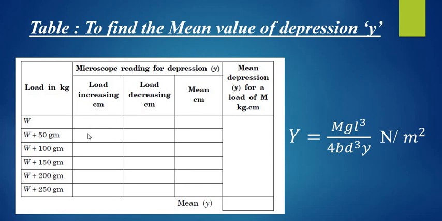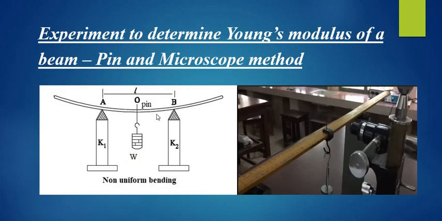Increasing the load value step by step, the traveling microscope readings are noted, and also the experiment is repeated for decreasing the load. From this table, we can calculate the mean depression value y, and we know the distance between the two knife edges is L. This is a rectangular beam.